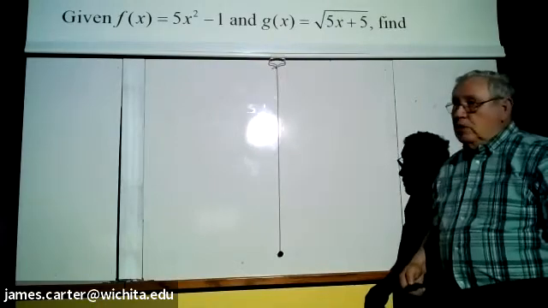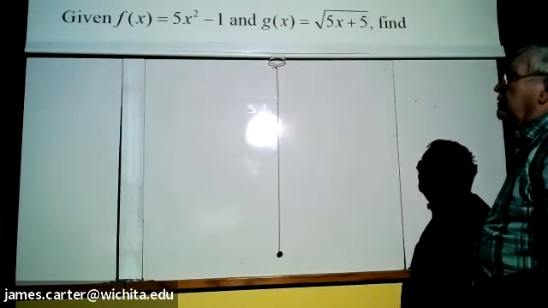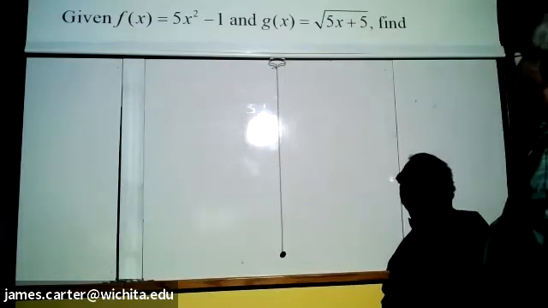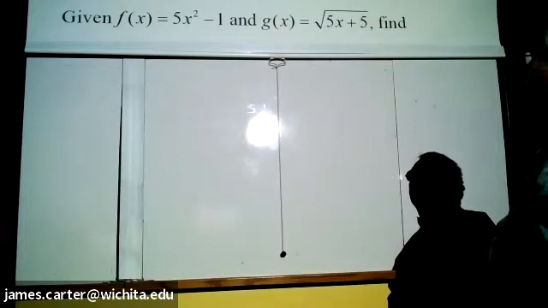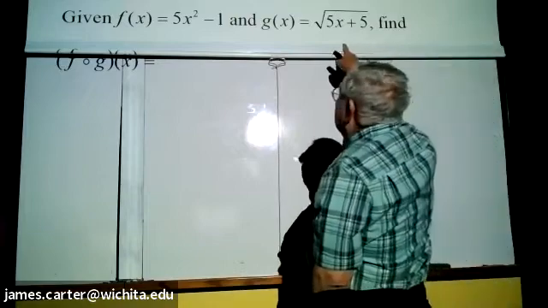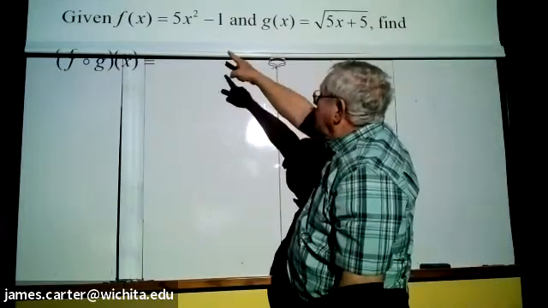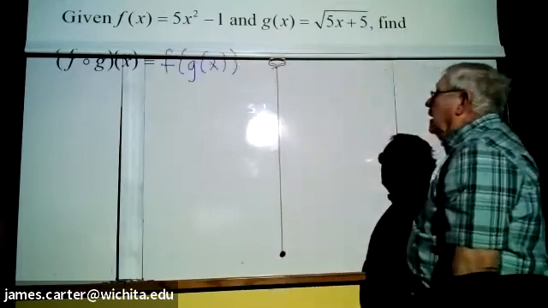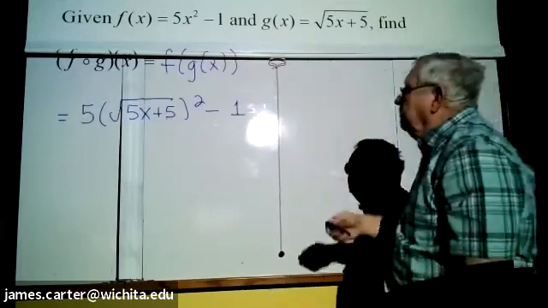Okay, here's another one. F of x is 5x squared minus 1. G of x is square root of 5x plus 5. They want us to take g and substitute it into x. And here's the notation for that.